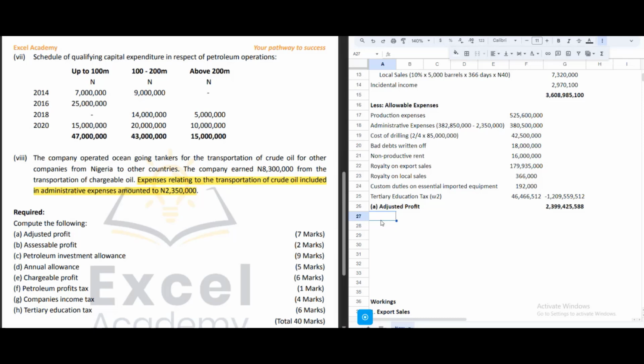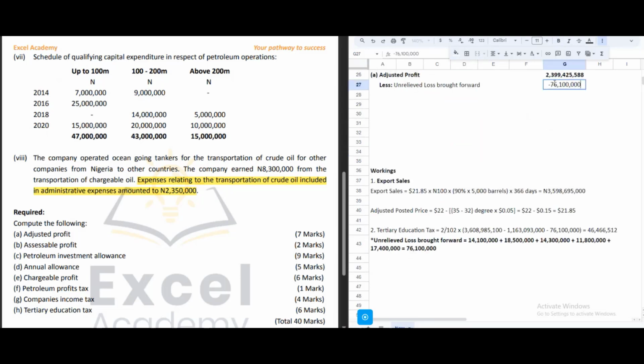So here, adjusted profit less unrelieved loss brought forward, and the unrelieved loss brought forward, we've already done it earlier, 76.1 million. So adjusted profit minus unrelieved loss brought forward now gives us assessable profit, and that's 2,323,325,588. So we've done A and B.